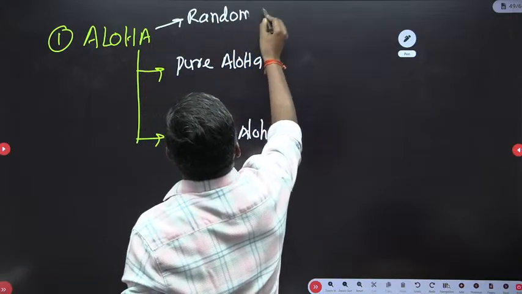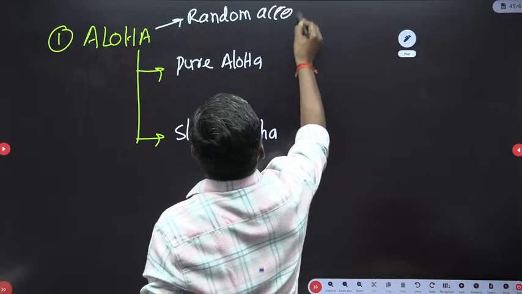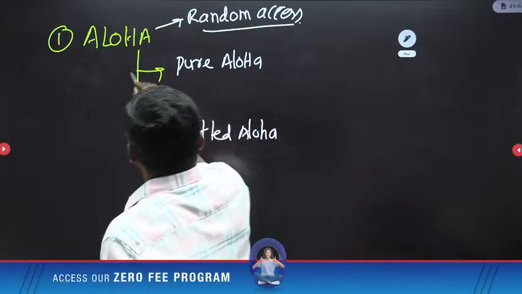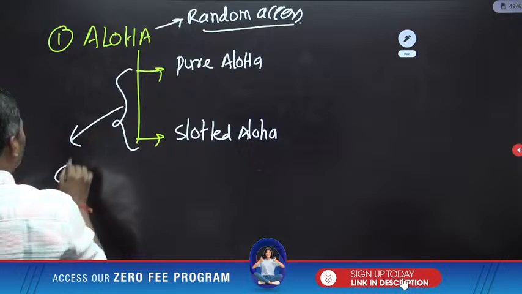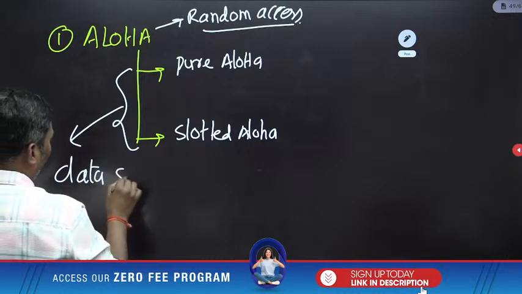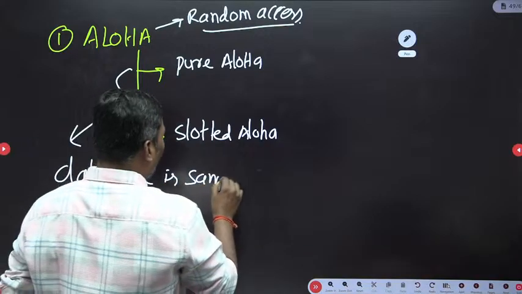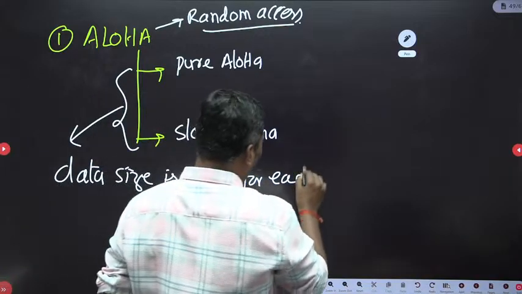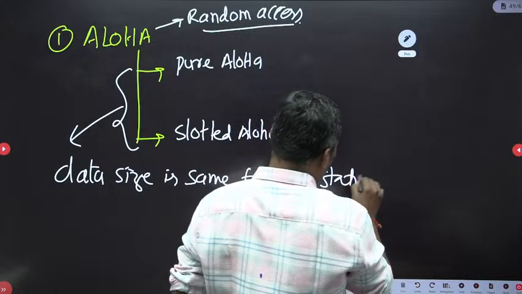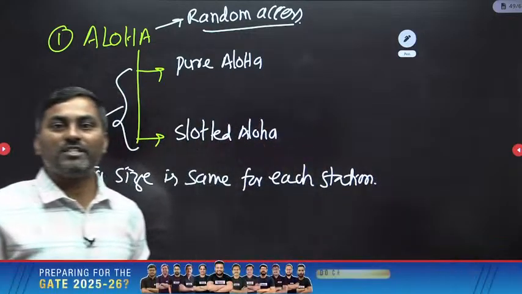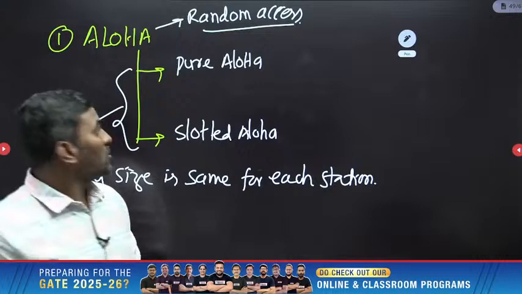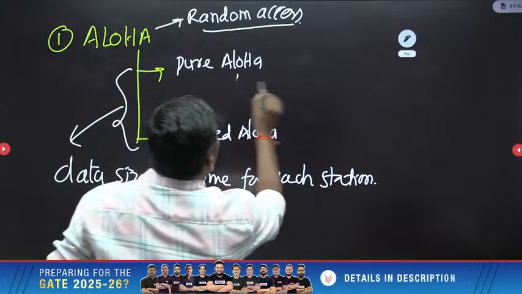Random access, any station can transmit the data. And in both cases, please, the data size is the same. The data size is the same for each station, correct or not?